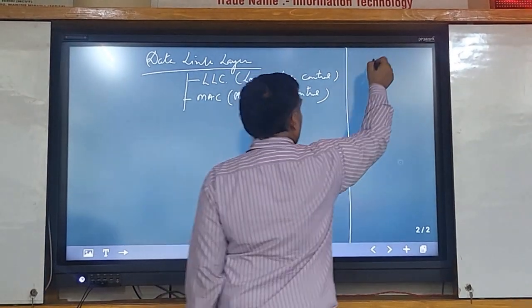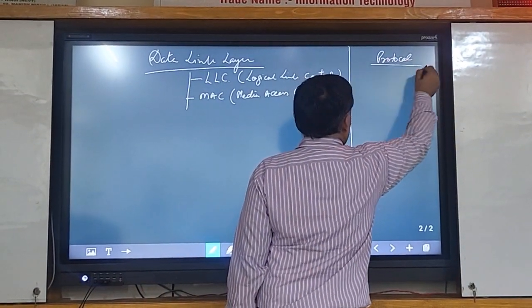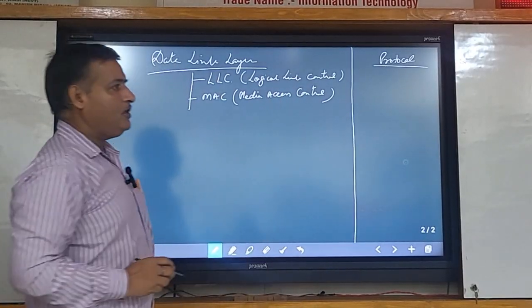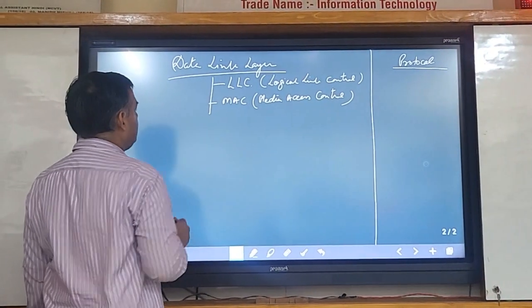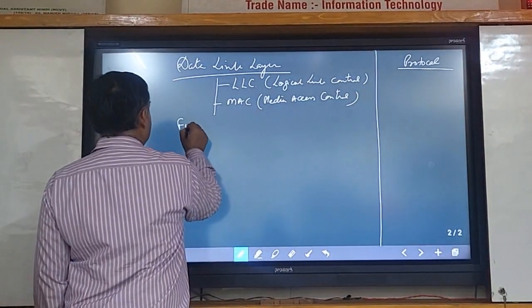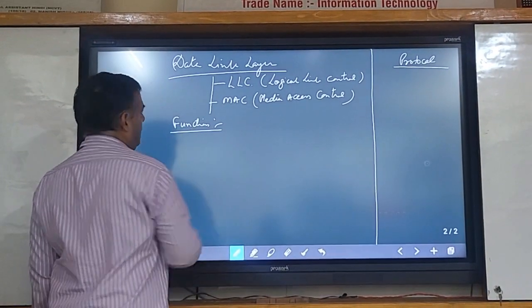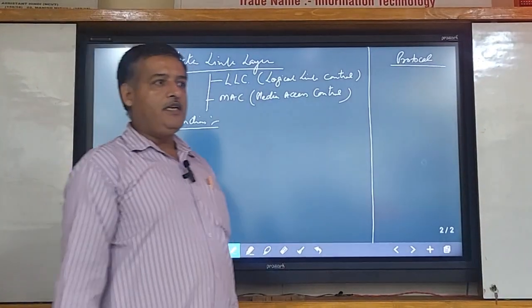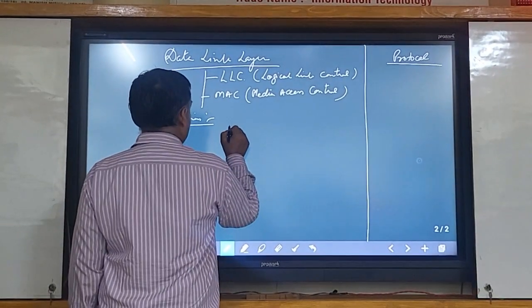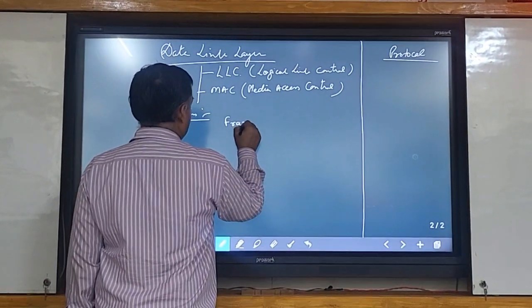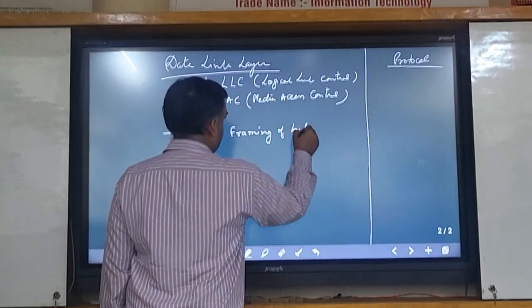But as far as the protocols are concerned, we will depict all these protocols in this column. The main function of the data link layer is framing of bits.